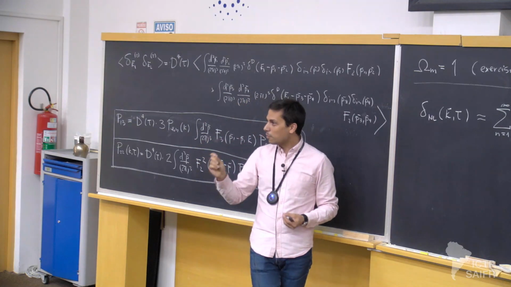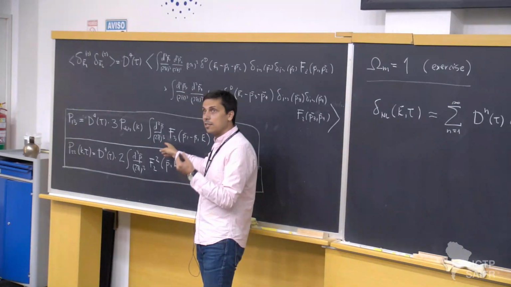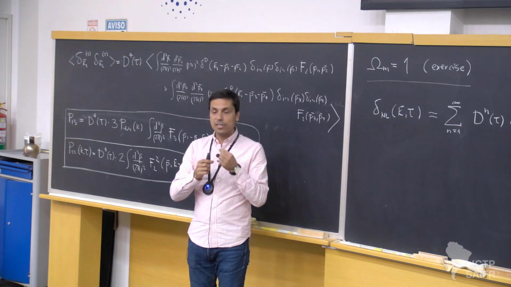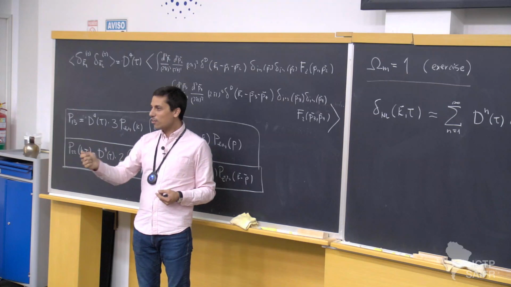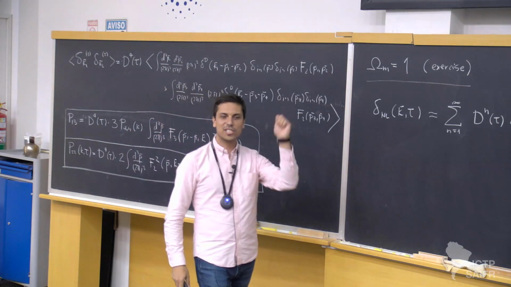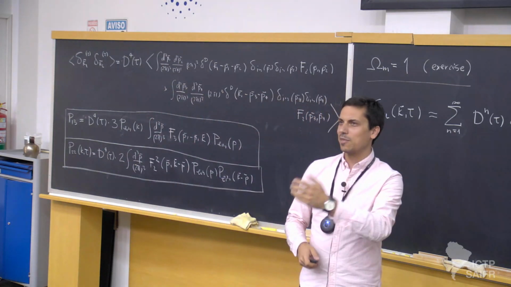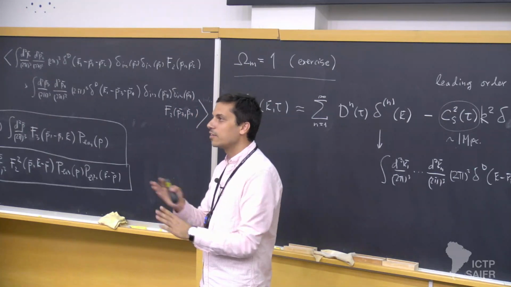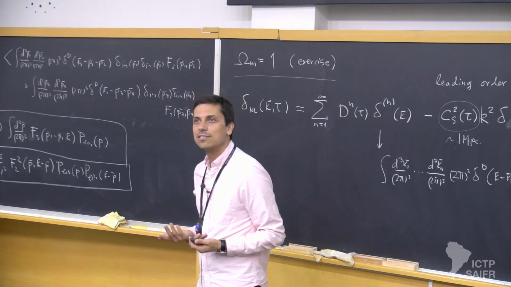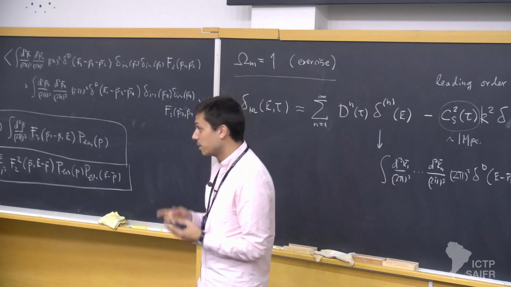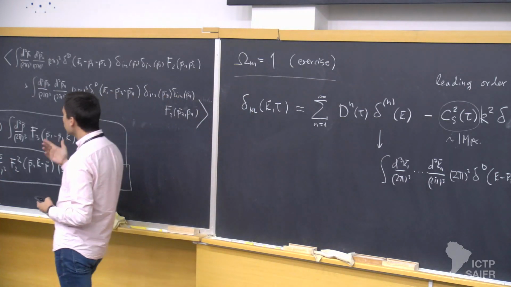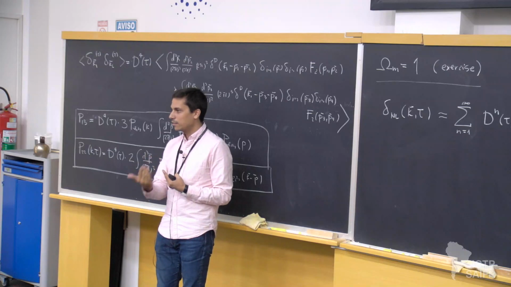The only problem with this proposal, and I think it makes sense to do it as a first guess, is that now your result will depend on this cutoff. So if Rogerio comes and says, I want to use such and such cutoff, and then you come and say, I want to use such and such cutoff, and they're different, we're going to get two different answers. But how can that be? There can be only one answer. You're introducing explicit cutoff dependence.